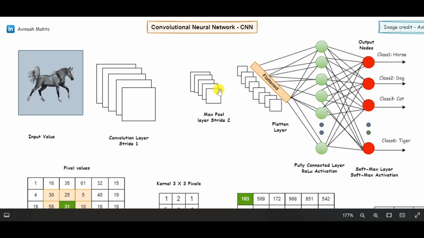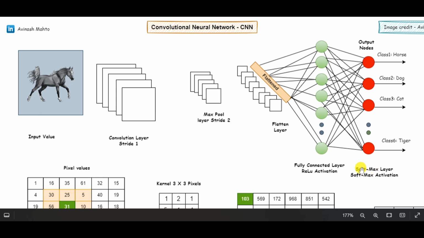And then we apply the max pool. Basically by applying max pool we reduce the size of the original image, and then we apply the flatten layer. In this step we convert the 2D image into a vector, and then we further apply the ReLU activation. So here the machine learns about this image, and then we apply the softmax layer.